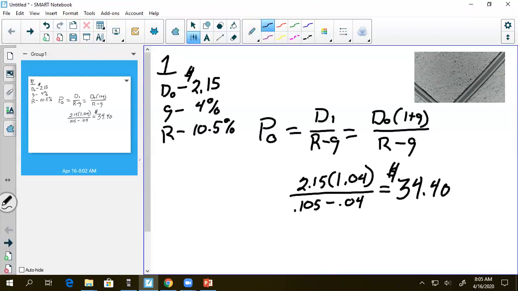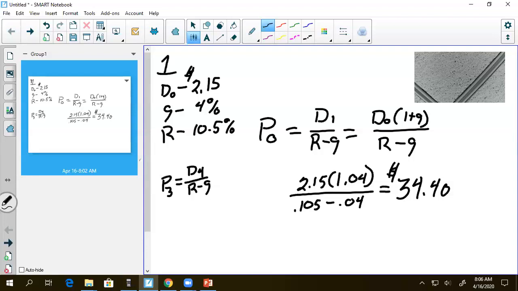Now, it asks what's the price in 3 years and what's the price in 15 years, right? So remember, we could get the price in 3 years, but we would need D4. That's one way to do it. And in this case, since we have D0, we'd have to calculate the D4. Again, just me, if I already have the current price, I wouldn't mess with doing it that way.